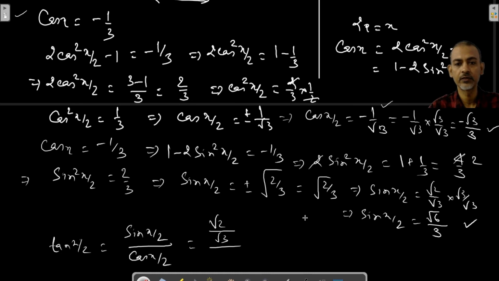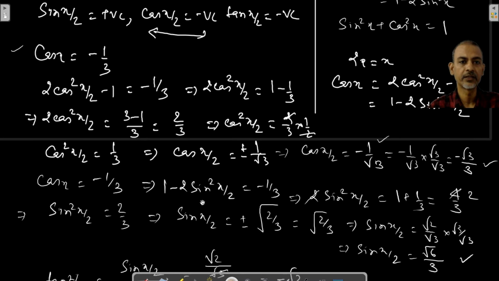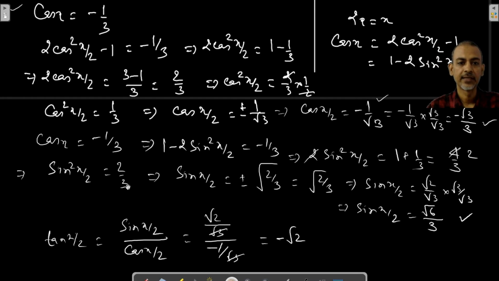I am taking this one. And cos x by 2 is minus 1 upon root 3, right? And root 3 cancels out. So I am left with minus root 2, right? So this is going to be negative, as we have understood, tan x by 2. And since sin x by 2 was positive and cos x by 2 was negative, tan x by 2 I've got as minus root 2.